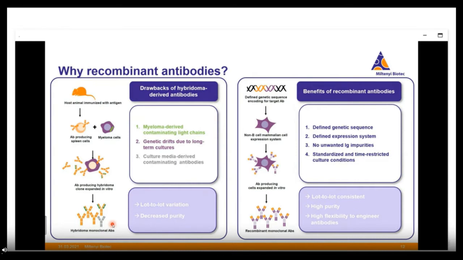These allow higher batch consistency and purity. An additional benefit includes the ability to engineer these antibodies with the highest flexibility. And this I will show you later in the slides, how Miltenyi Biotec took advantage of this technology of recombinant antibody to generate a high quality product.